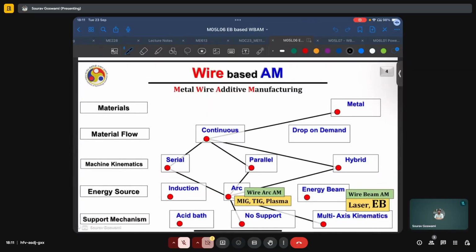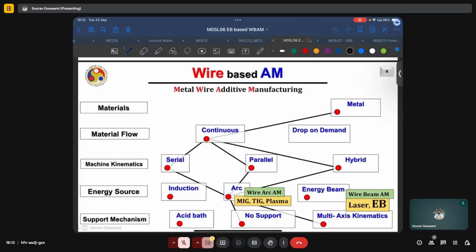So in terms of the subsystem-based classification that we have been following for the methods studied in this course, the materials which can be deposited by this process are metallic in nature, either pure metals or alloys. The flow of material is continuous.